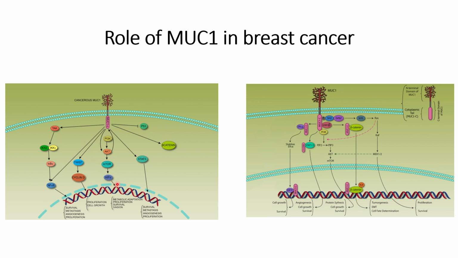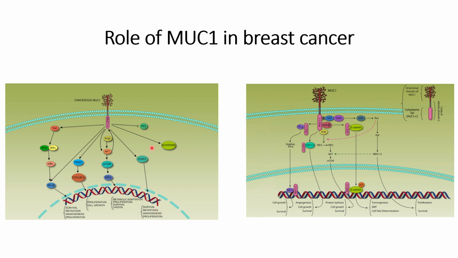It will interact with the promoters of the genes that are responsible for the survival and proliferation of the breast cancers. And the role of STAT3 is similar to that of the NF kappa B pathway. That is, it helps in the survival, metastasis, angiogenesis and proliferation.